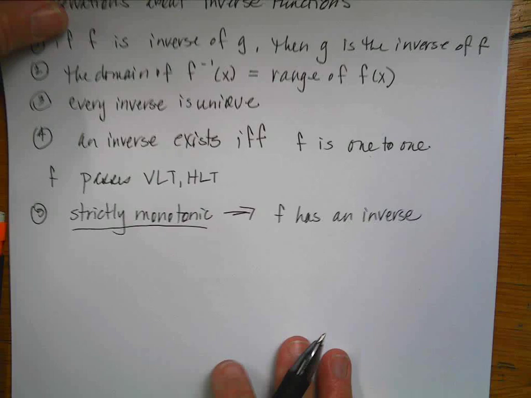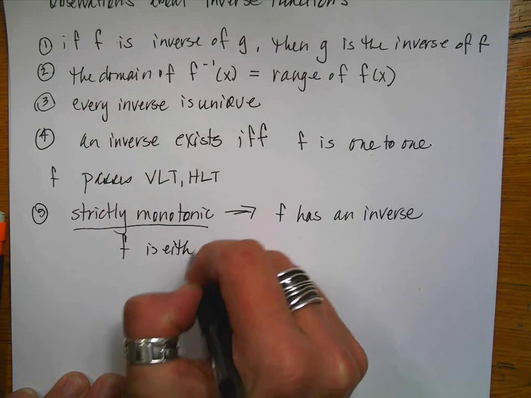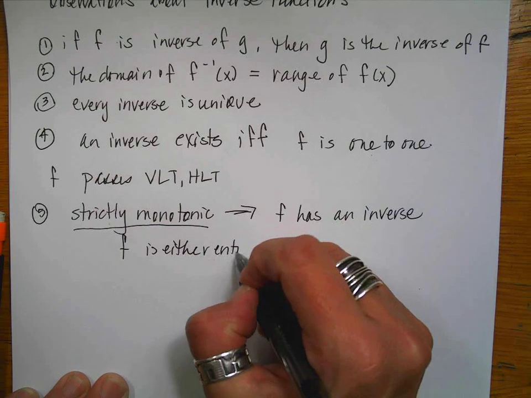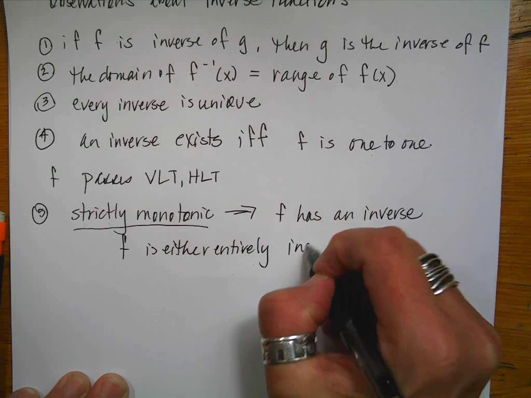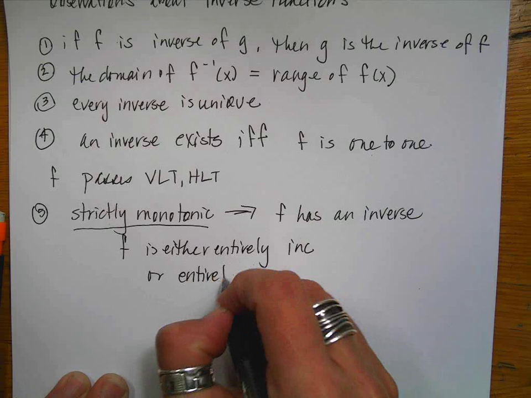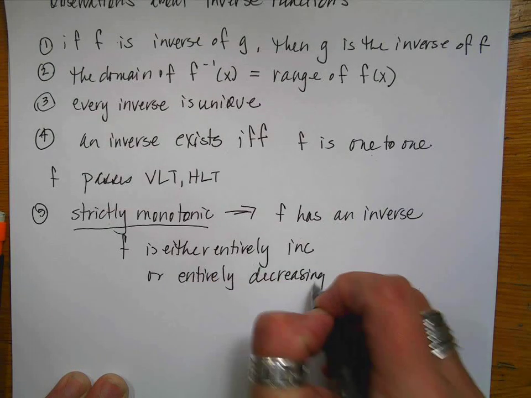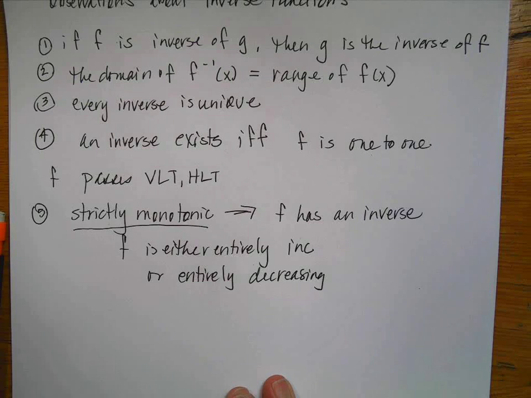Strictly monotonic means that a function is either entirely increasing or entirely decreasing. So it means that there's no change in the function from increasing to decreasing. So a strictly monotonic function has an inverse.